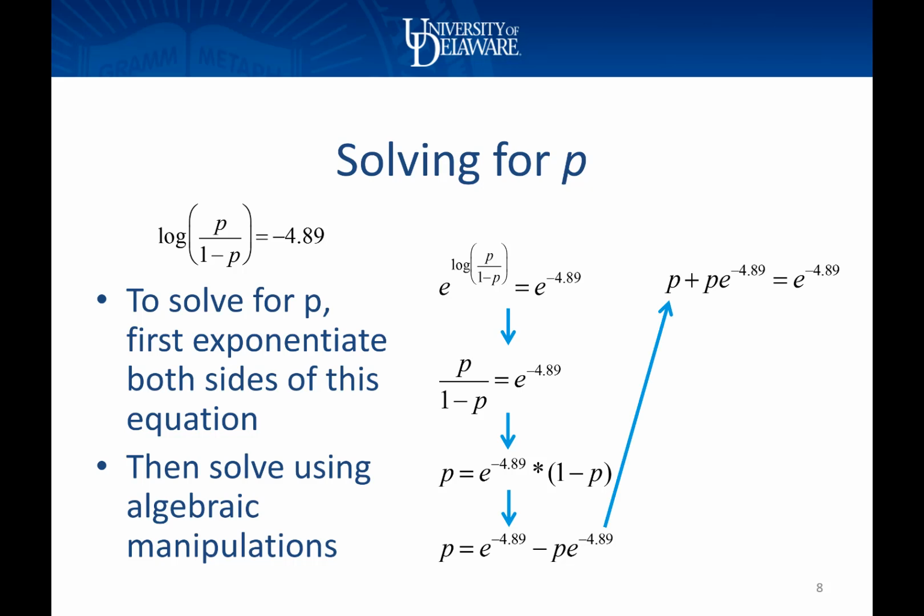Now we can move both p's to the same side because we're trying to isolate p in one location. And then we'll extract p from the statement. So we'll have p times the quantity 1 plus e to the negative 4.89 equals e to the negative 4.89. Once we get here, we can divide both sides by 1 plus e to the negative 4.89. And we have an equation for p.